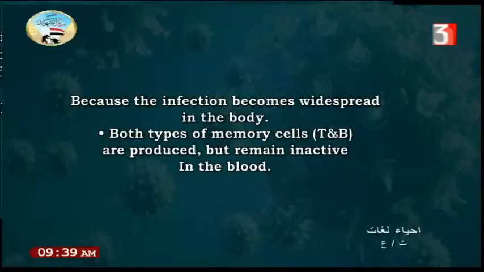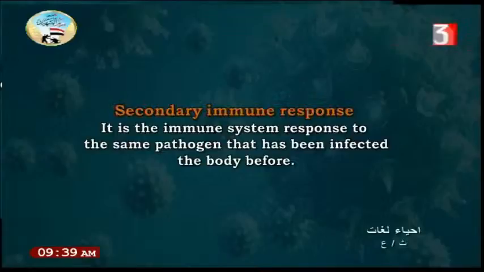Both types of memory cell, T and B, are produced but remain inactive in the blood. What is the secondary immune response? The secondary immune response is the immune system's response to the same pathogen that has infected the body before.